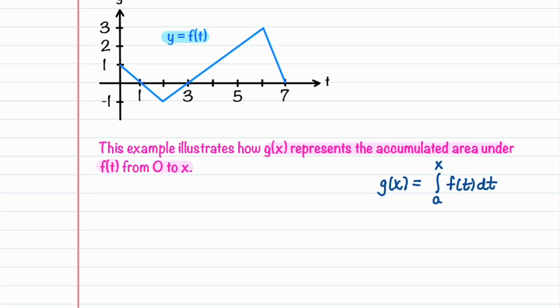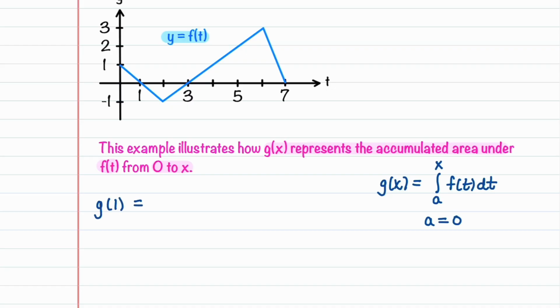If we look up at our graph of f of t, we can see that t starts at 0, so that tells us that a is equal to 0, and we're going to find g of 1, g of 3, and g of 6. Let's start by finding g at 1.